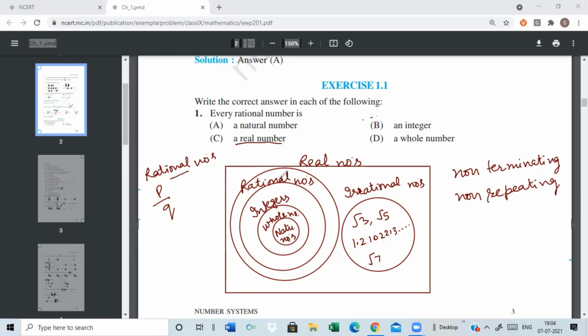But rational numbers may not be integers, whole numbers, or natural numbers. So every rational number is a real number. So the answer is C, right?